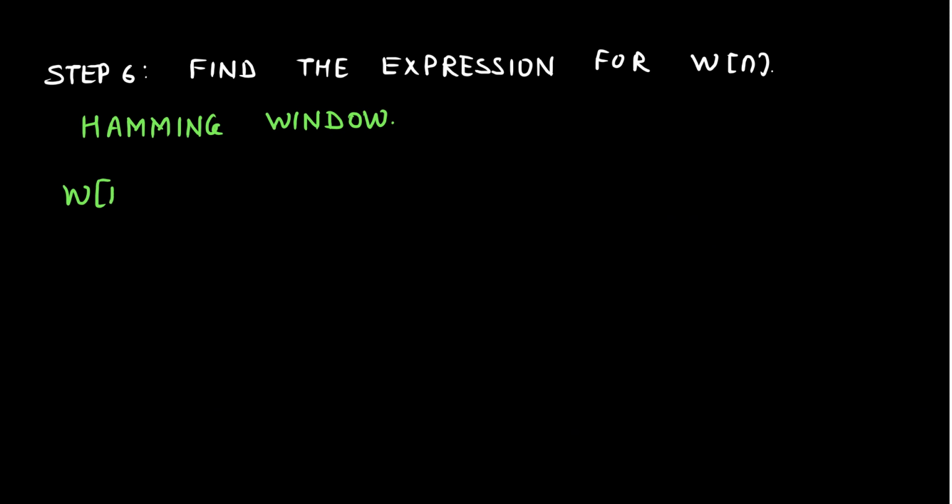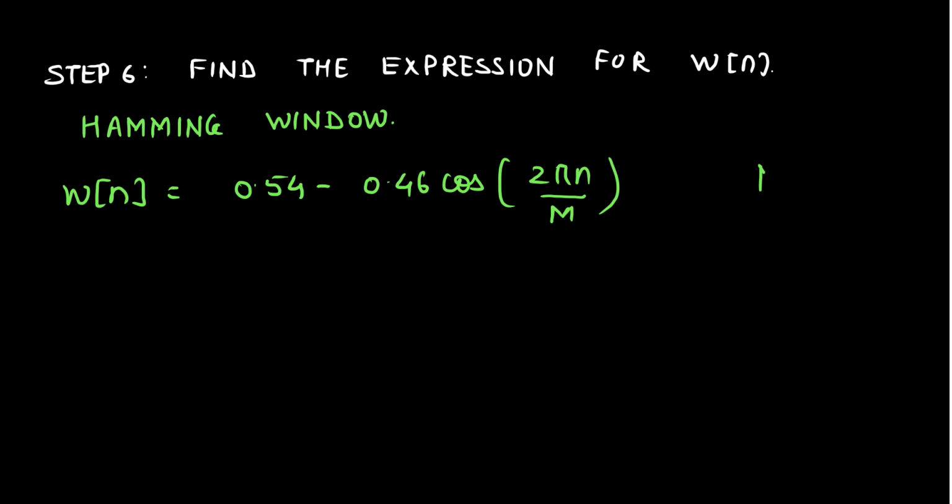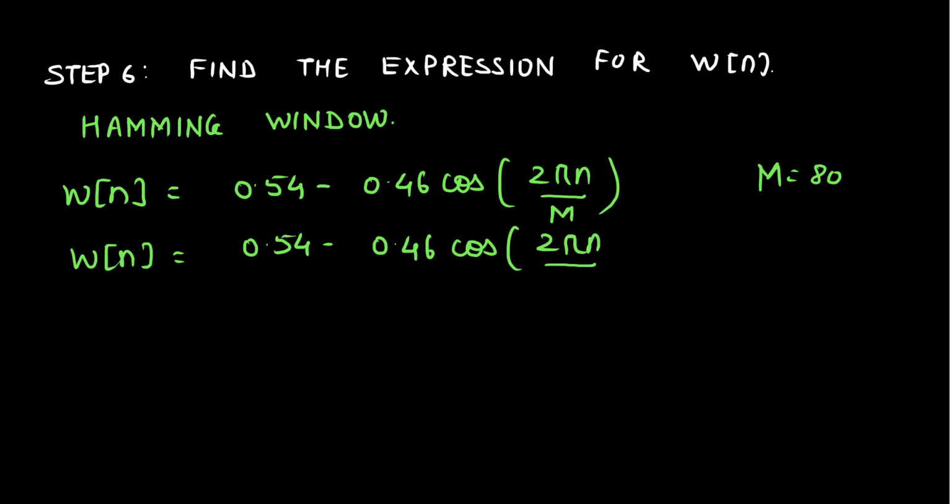With M equal to 80, w of n is 0.54 minus 0.46 cos of 2 pi n upon 80.